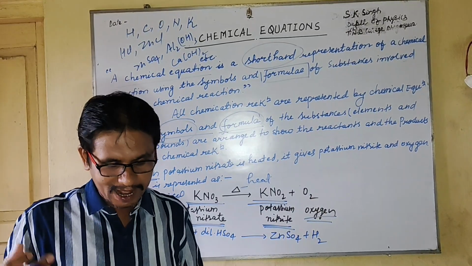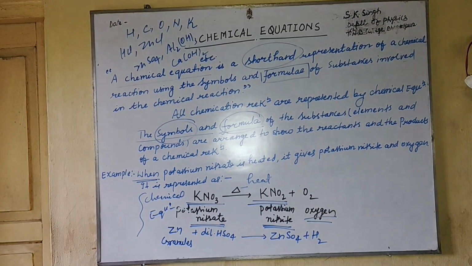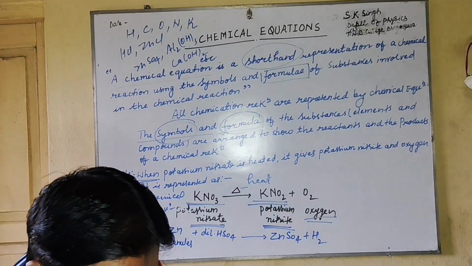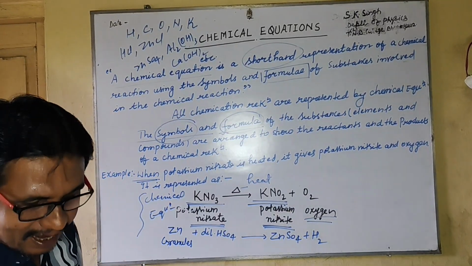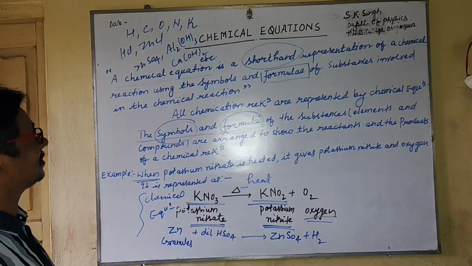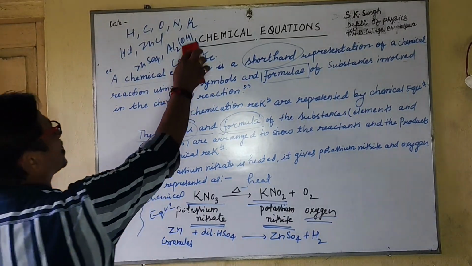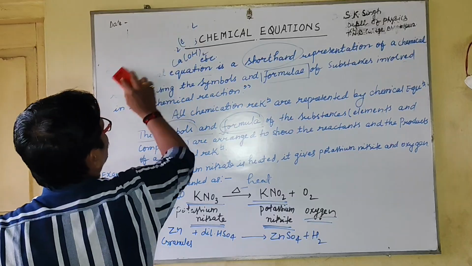Is it clear? Next, after the chemical equation, I am going to teach you the skeletal chemical equation. The next part of a chemical equation is the skeletal chemical equation.